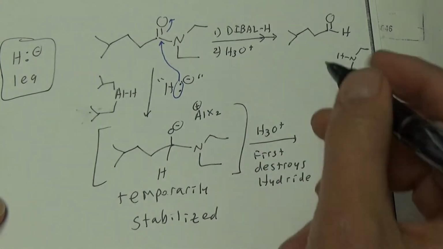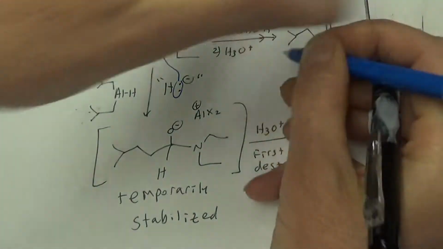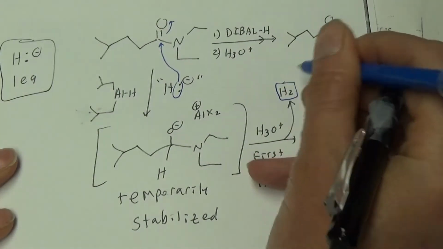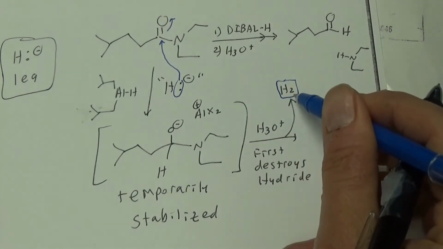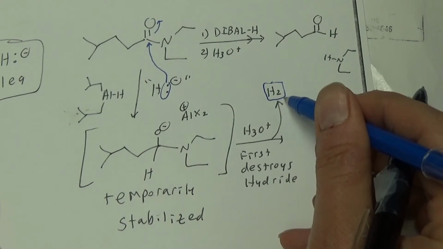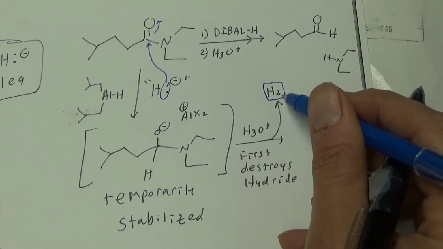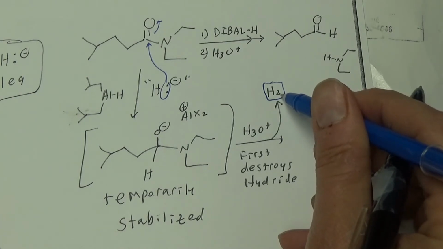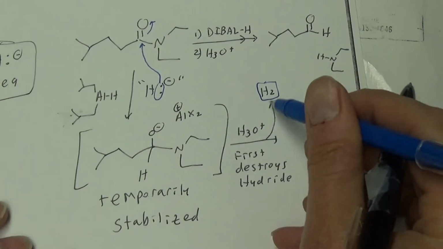You get H2, right? You have to do this very carefully because H2 is very flammable, and there's usually going to be H2 plus heat, and if you do that wrong, it's a big fireball. So you have to be careful when you do this. You usually have some ice or something to cool it all down.